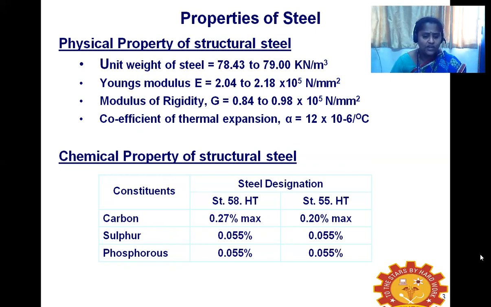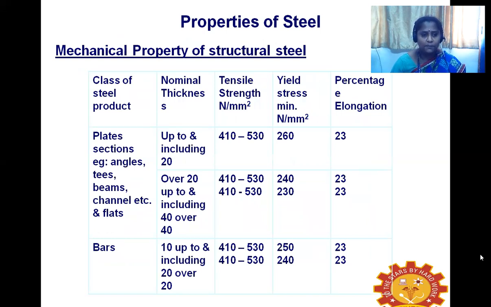Next, coming to the chemical properties of structural steel, the proportions of carbon, sulfur and phosphorus are given, tabulated here. Next thing is the mechanical properties of steel. In the case of mechanical properties, according to the size or thickness of the member, the tensile strength, yield stress, and percentage of elongation are tabulated clearly.